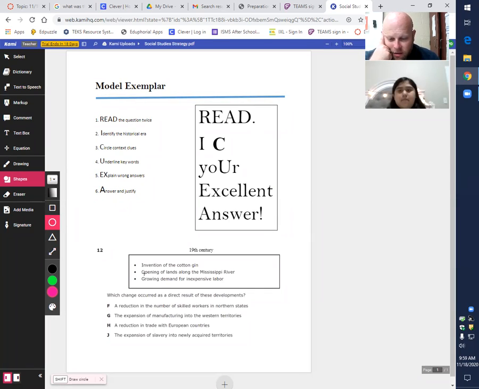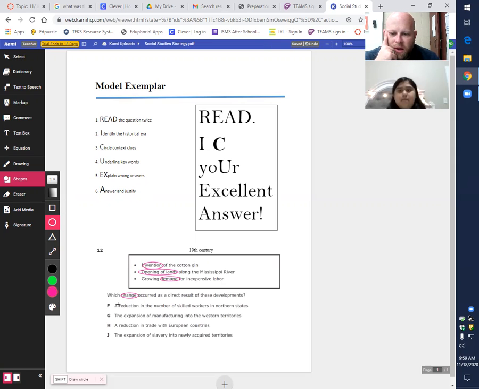So now we're going to circle all of our context clues. In the list, we have an invention, opening of lands, and a demand. Now, what change occurred as a direct result of these developments? So we're looking for a change.